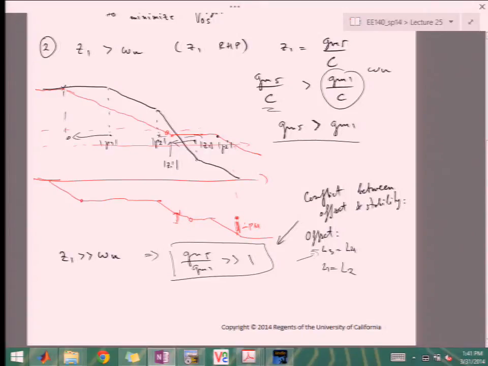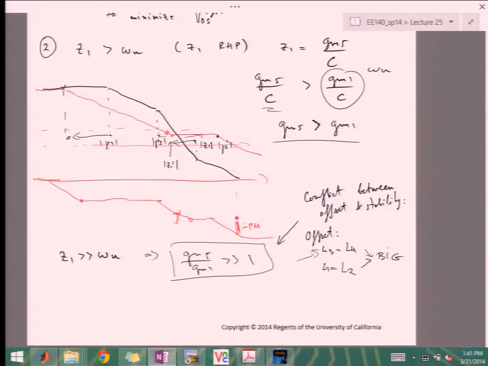L3 and L4 are the mirror or active load, and L1 and L2 are the input differential pair. Both of these you want big. Remember, that was the way in which we minimized the delta I impact on the input referred offset.